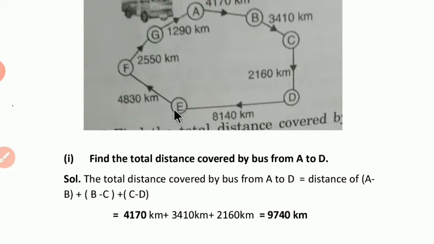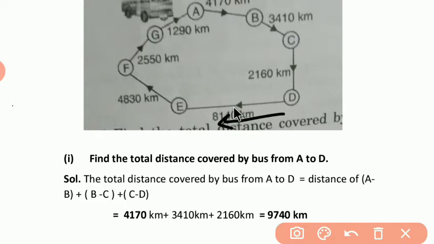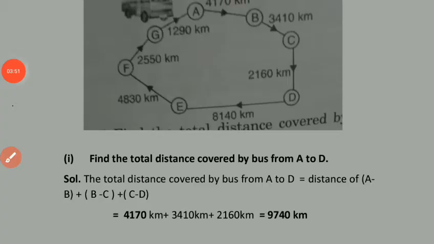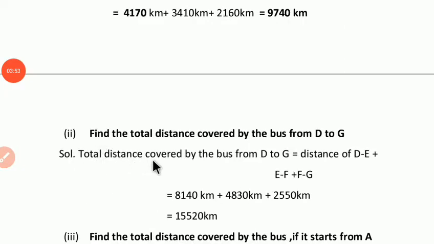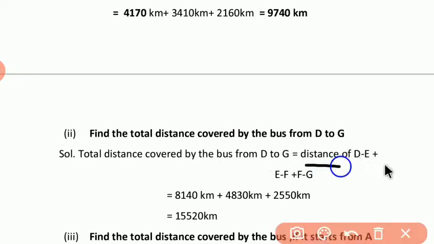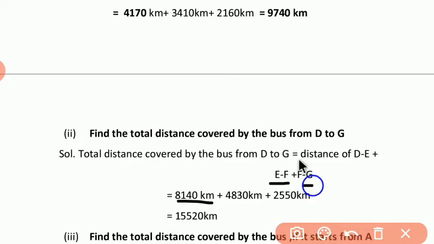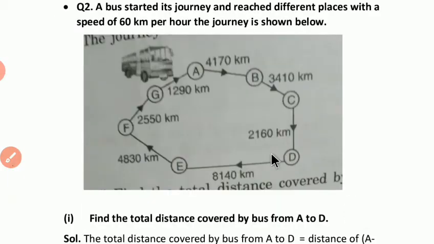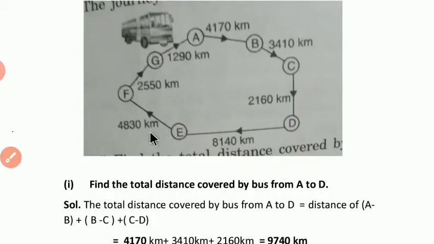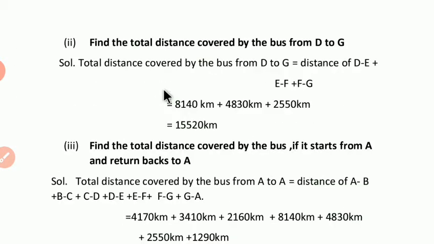The distance from D to E is given as 8,140 km. So the total distance covered by the bus from D to G is equal to the distance of D to E, then E to F, then F to G. We have seen that the D to E distance is given as 8,140 km. Now we have to see the distance from E to F and F to G. E to F is given as 4,830 km and F to G is 2,550 km.